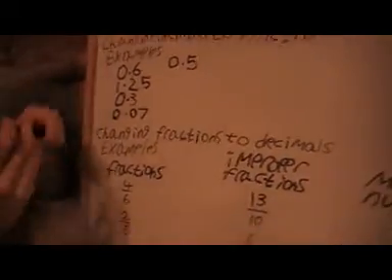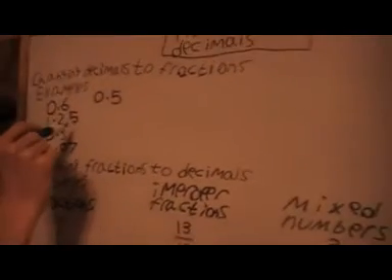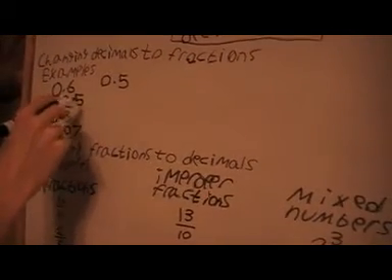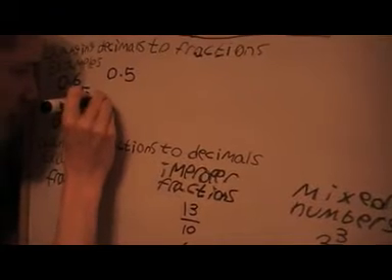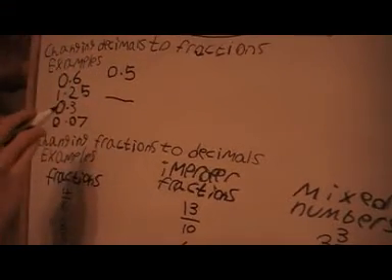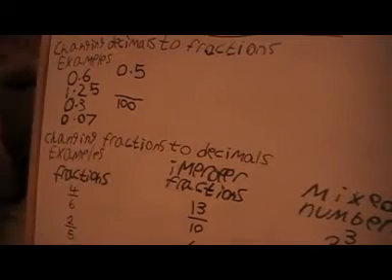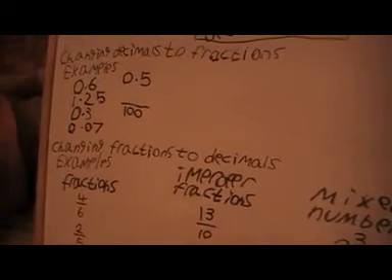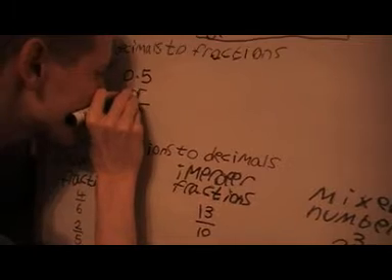This time we've got one where there's a 1 as well. Because there's 2 numbers after a decimal place, it's going to be over 100, this one. So it's going to be 125 over 100.